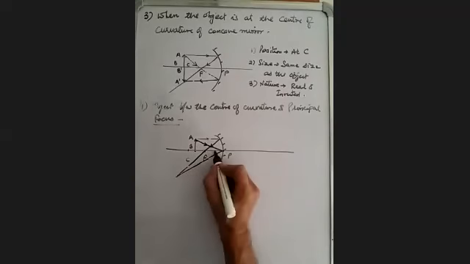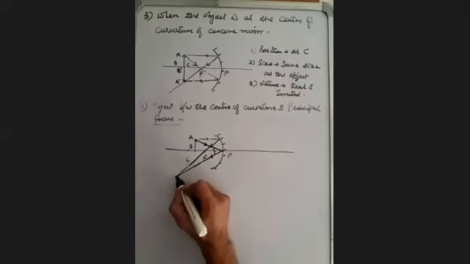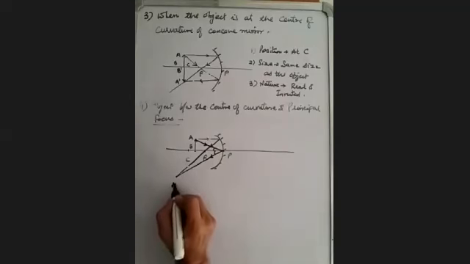These two angles are equal. This is angle I, this is angle R. So this is the reflected ray, and we see that these two rays meet at one point. So this point becomes the image of point A, A dash.